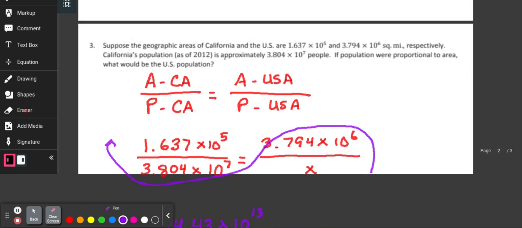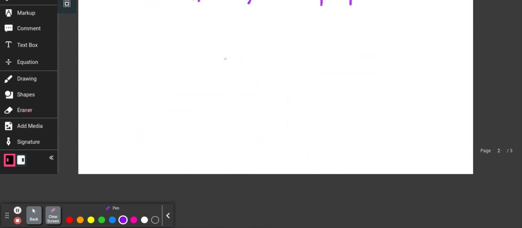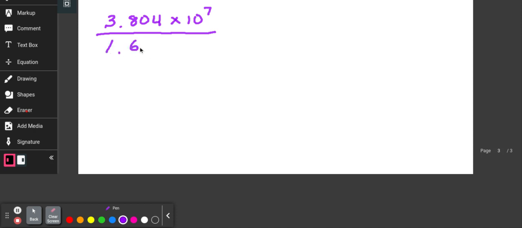The area of California is 1.637 times 10 to the 5th.